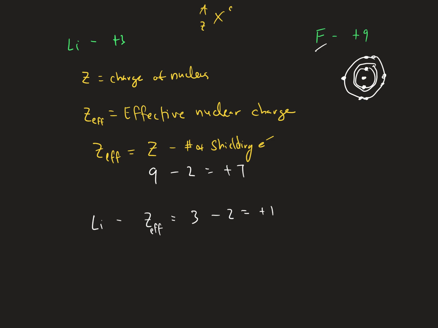Sorry, I apologize. I got a little ahead of myself. But do you understand that it has a stronger pull, so it's going to pull those outer electrons in tighter and tighter and tighter? Yeah? Do you understand that okay?